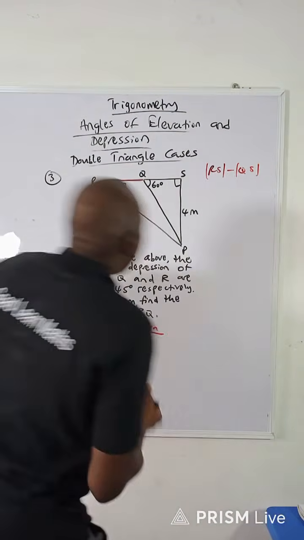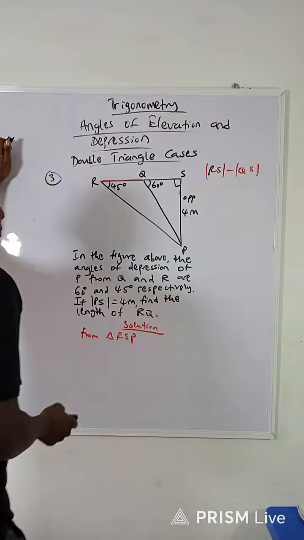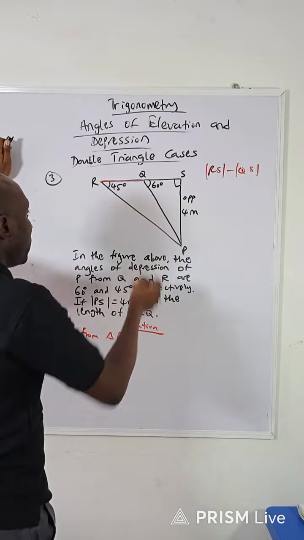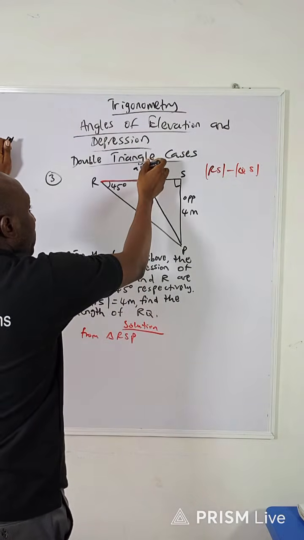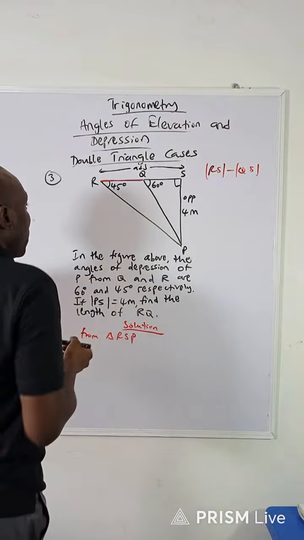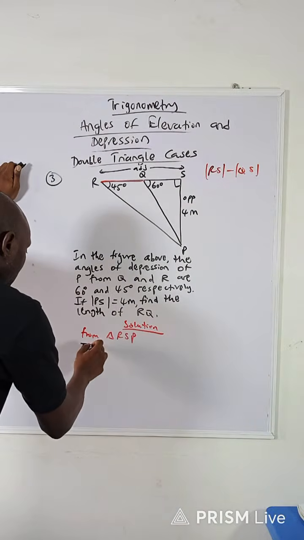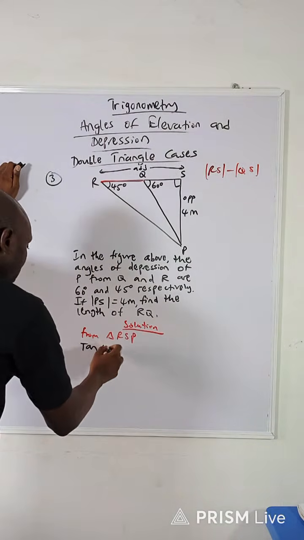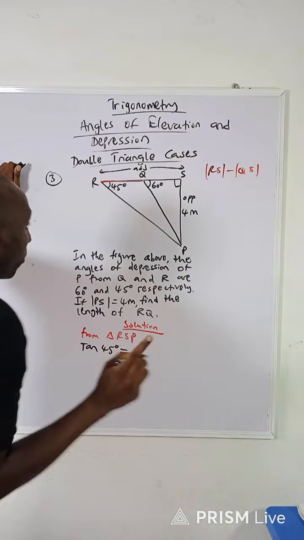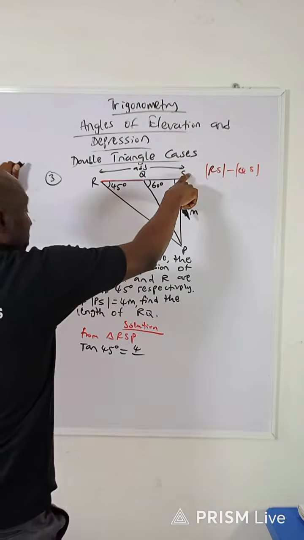So this is the angle, this is the opposite, and RS is the adjacent, from here to here. So that's tan, opposite over adjacent. So tan 45 degrees is equal to opposite, which is 4, over RS.